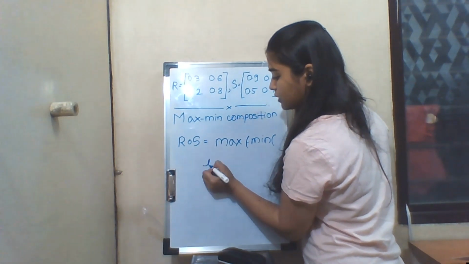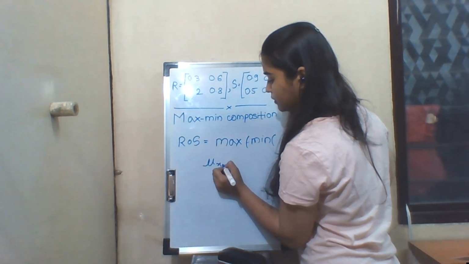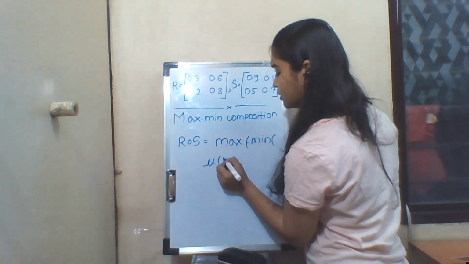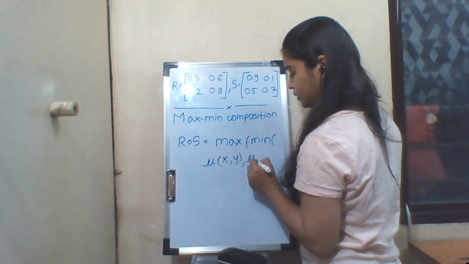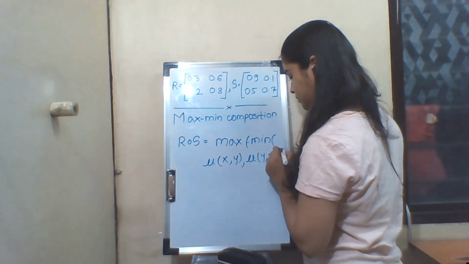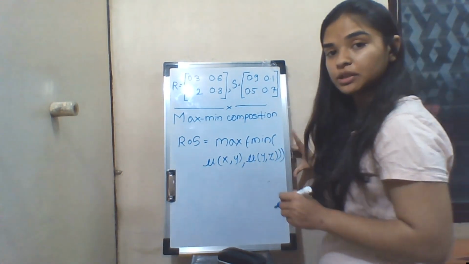First thing, the degree of membership mu of x comma y and mu of y comma z. This is the formula for max-min composition.